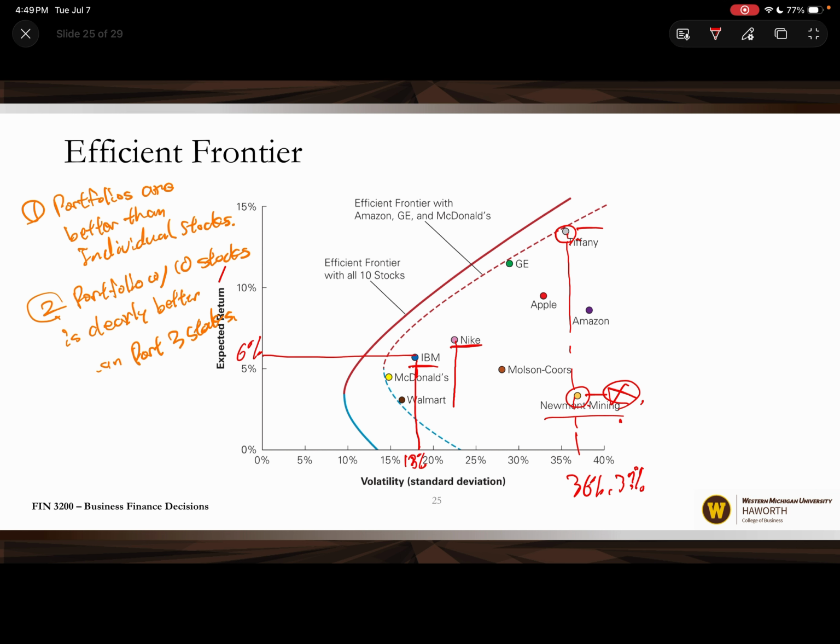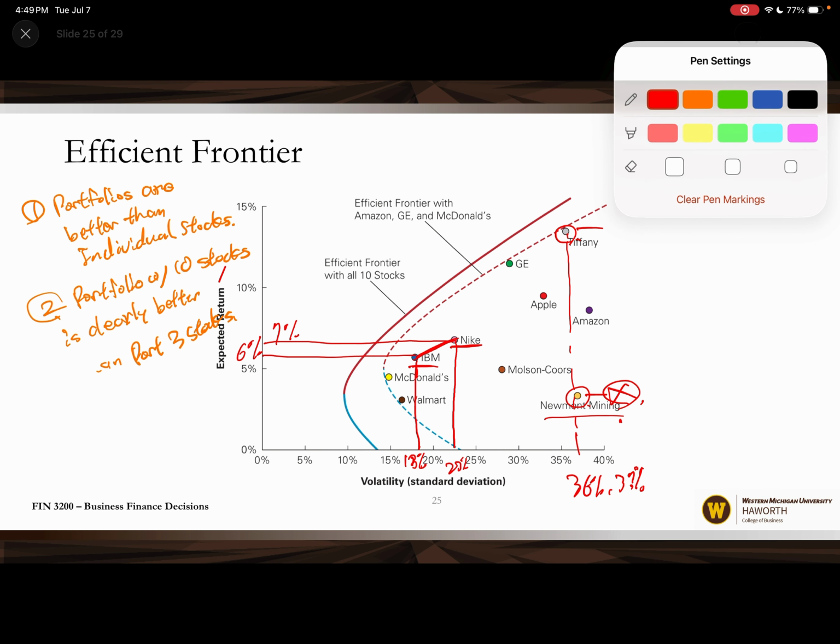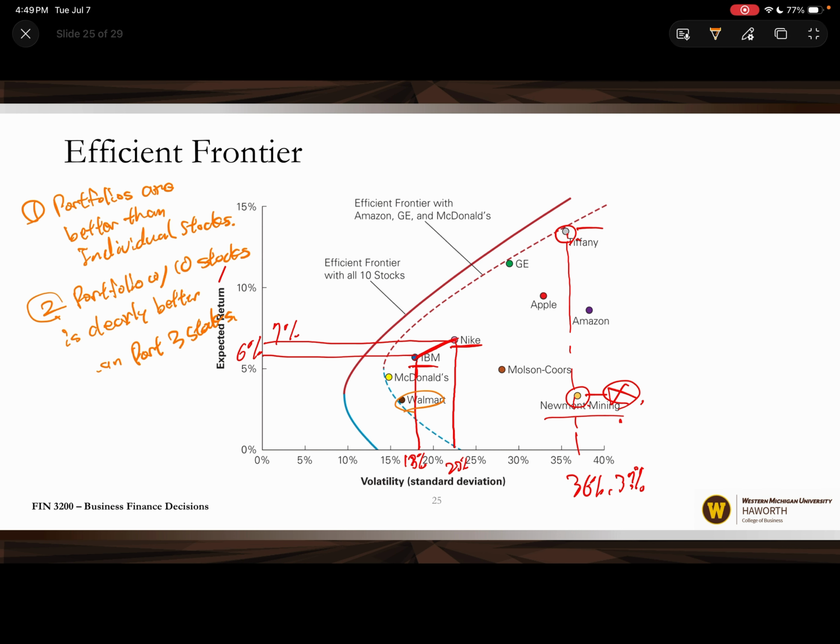Nike has a greater volatility, 23%, but a slightly higher expected return. So this is one of the cases where it depends on your risk attitude. Again, if we did the Sharpe ratio, maybe IBM is a little bit better, but we'll just say it depends on your risk attitude. But if we compared Walmart versus McDonald's, it's clear, right? McDonald's has a lower volatility and a greater expected return.